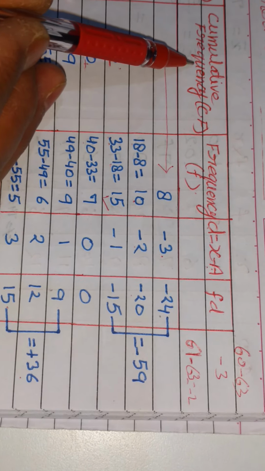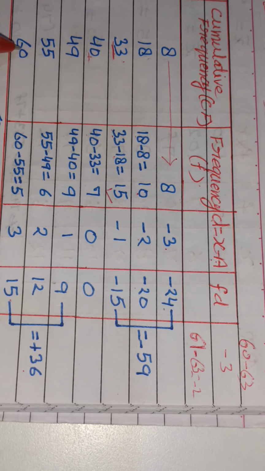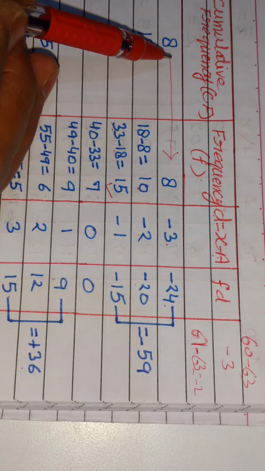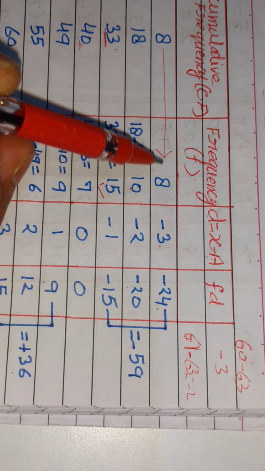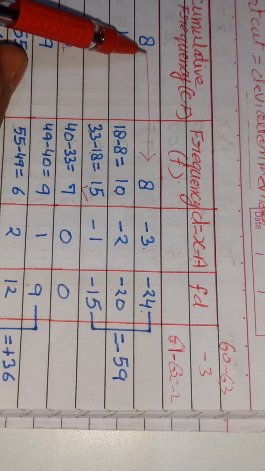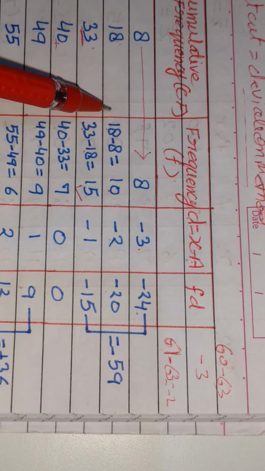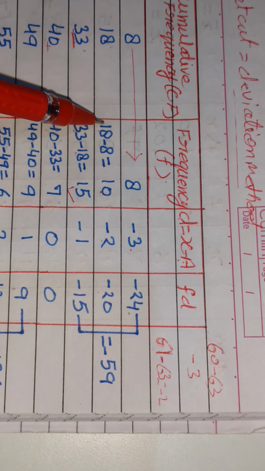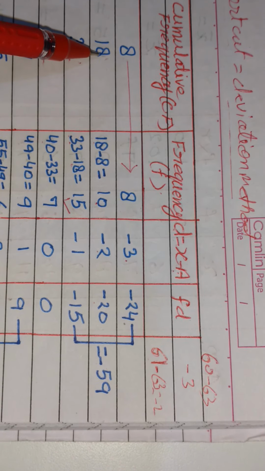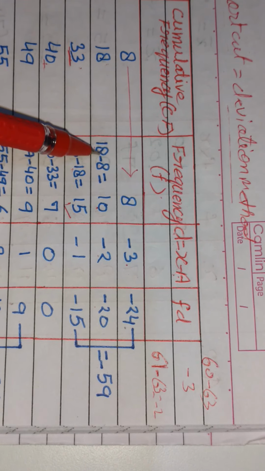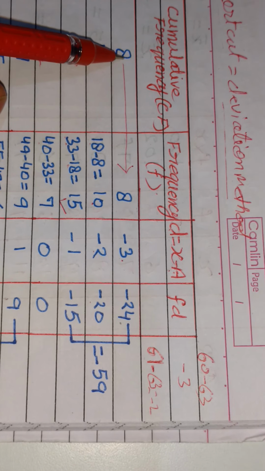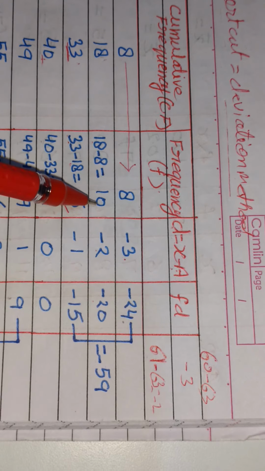So the cumulative frequency is given here, I have written it already. So how to find the frequency? The first number, whatever it is, we write as it is. To get the frequency of the second class, we write 18 minus 8 equal to 10.